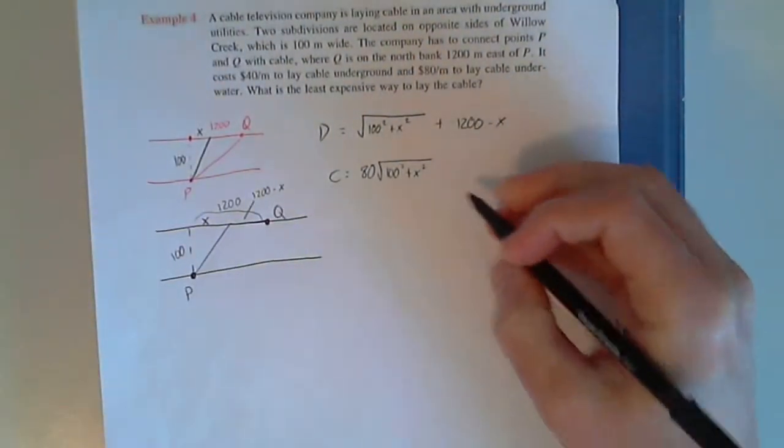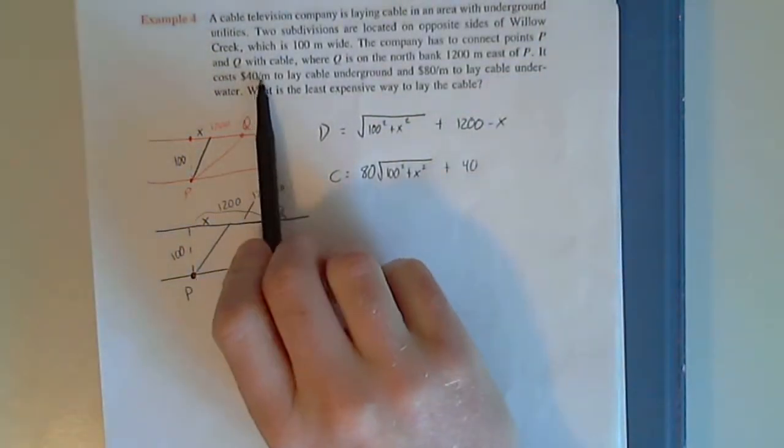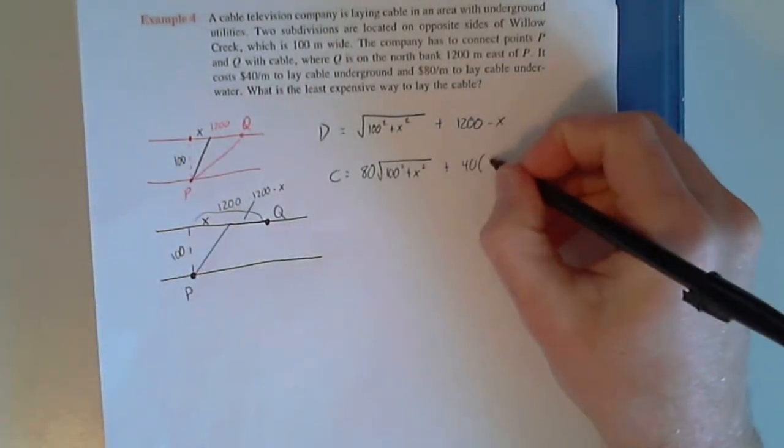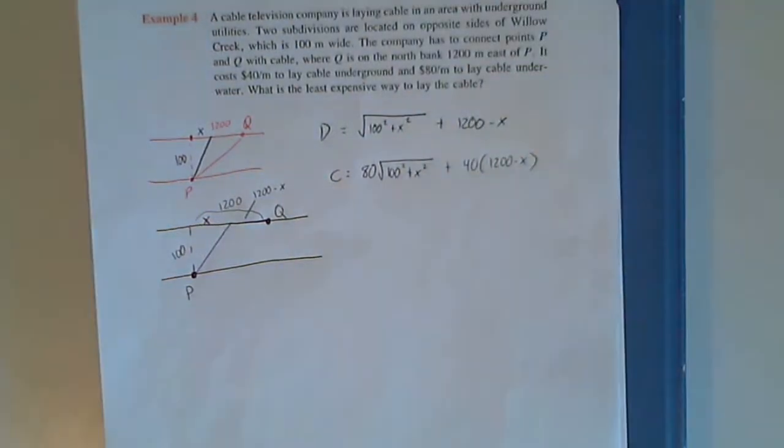And this is the amount on land, so it should be 40, because it's $40 per meter on land, times the entire thing. And you need brackets at this point. That's it. So now we know how much the cost is, and you could graph this, and you could actually look for when it's a minimum.